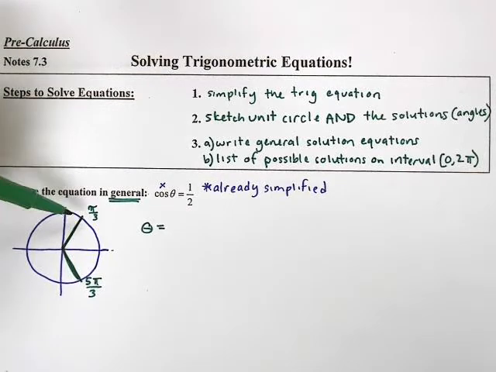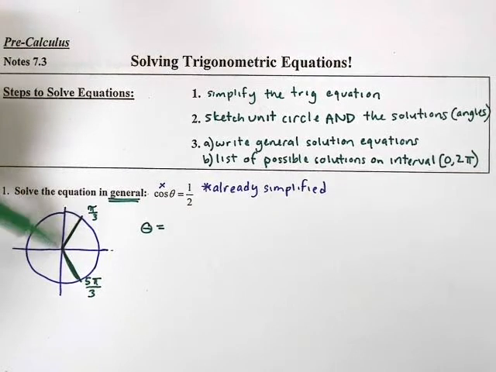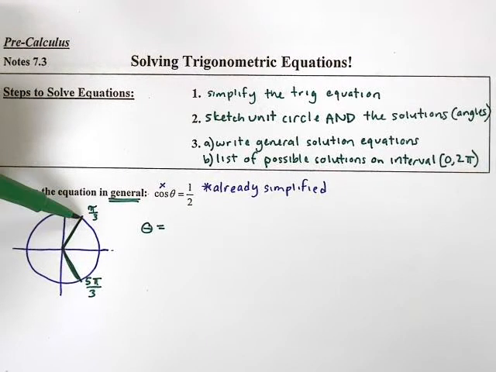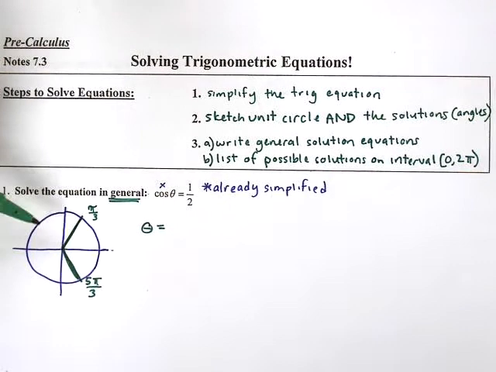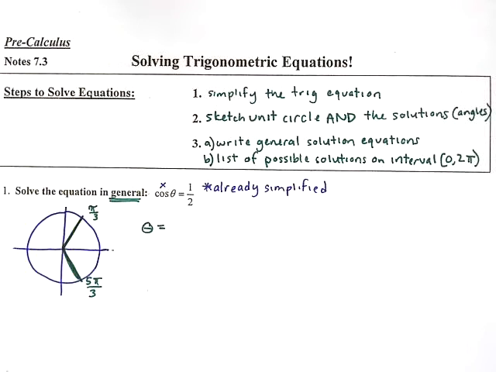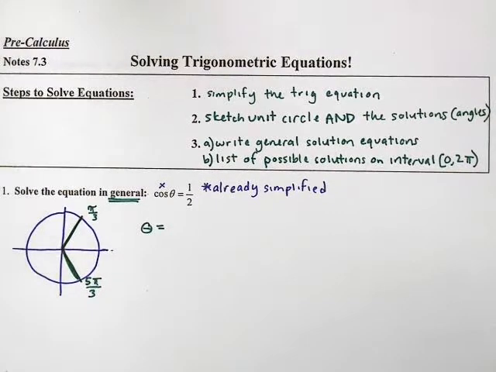Is there a single rule that can get me from this angle to the next solution and then back? I'm going to say no, because it would take 4 pi over 3 to get to this solution, and if I added another 4 pi over 3, I would go way past this one. So there is not a single pattern, which means we need to write two equations.